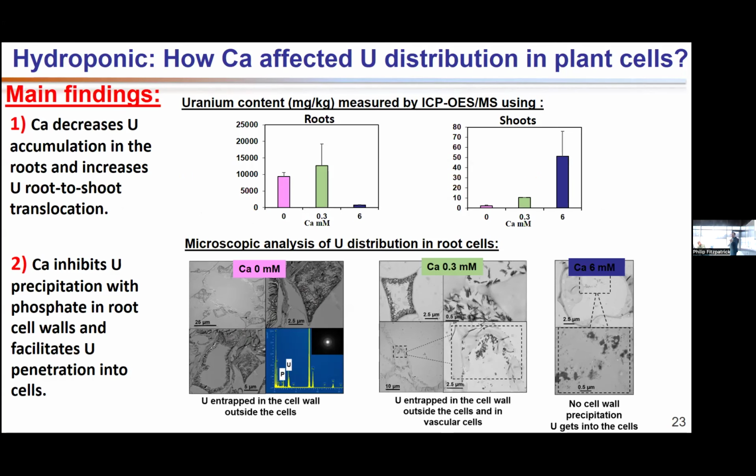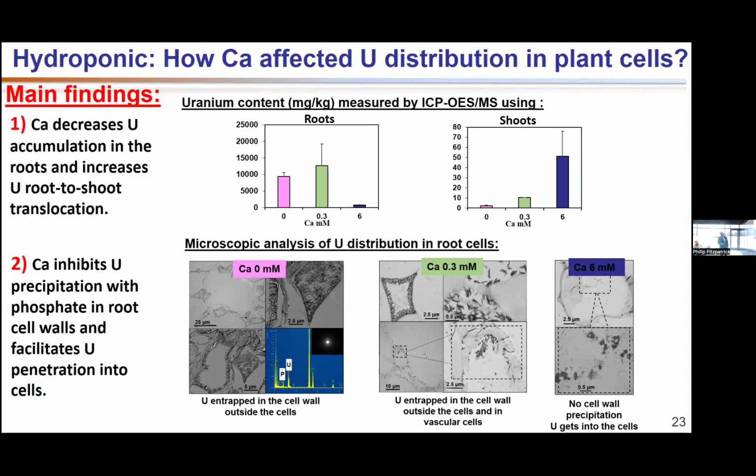Some colleagues have now done a phenomenal job with metagenomics and metabolomics, showing the role of calcium pumps in plants that can facilitate not only the uptake of other cations, but anions too. That is what then facilitates the input of uranium when calcium is in. We were talking about that earlier.